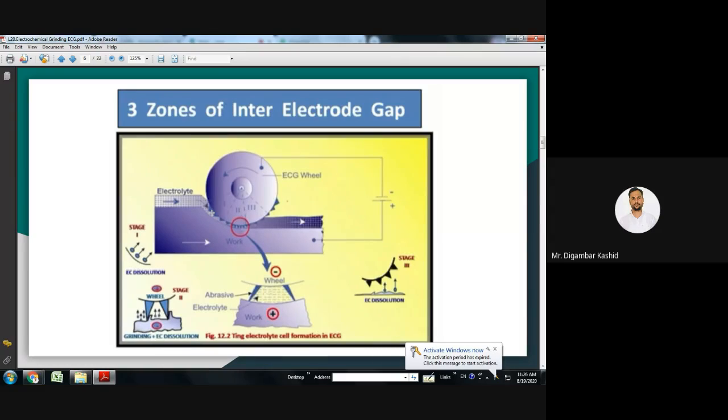And here two factors are responsible for the life of the wheel. Only 10% contribution of material removal is by your abrasive action towards the total removal of the material, and a very small length of arc of contact is there in electrochemical grinding.